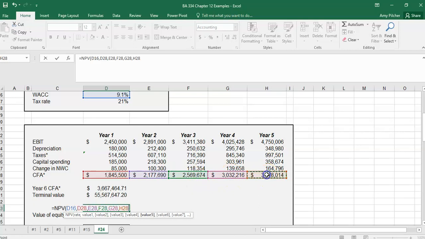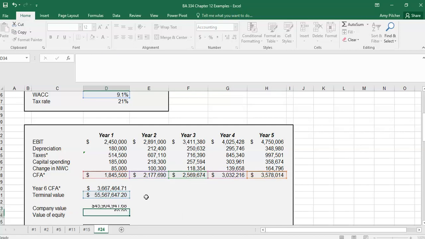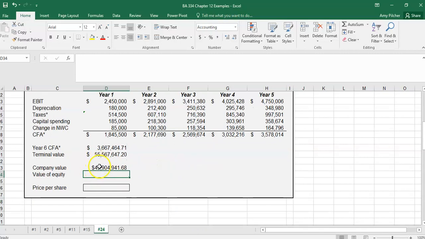And in year 5, we're going to add the terminal value of the company. So we're considering this extended growth out. So we have company value is 45,904,941.